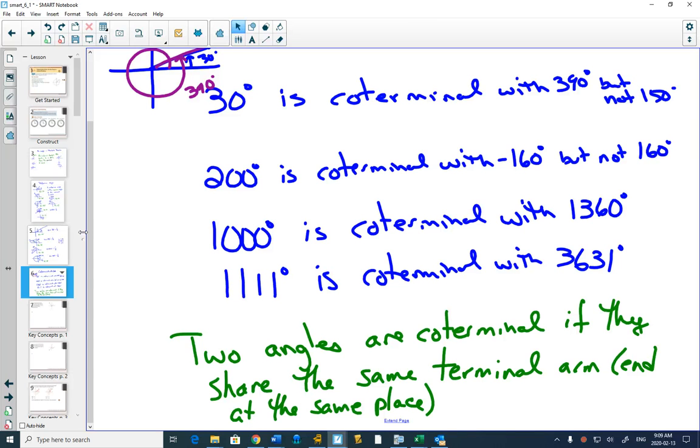And in fact, of all the definitions we've learned so far, this is the best one using the English language. I love those definitions where the definition itself tells you what it is. Coterminal. Terminal is the terminal arm. Co in English often means to share.